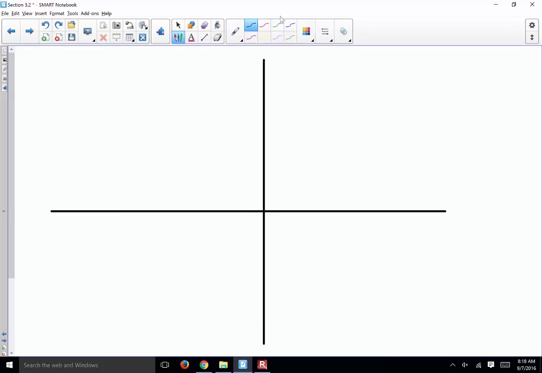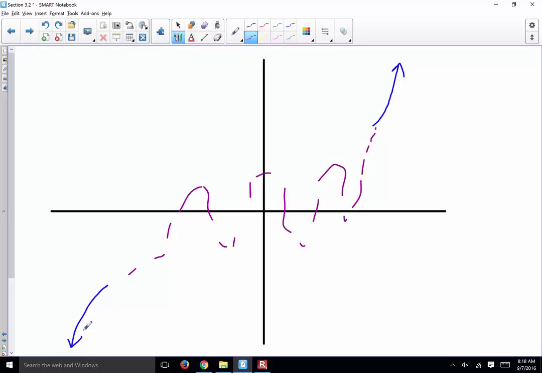So what do I have right now? The right side is going up, and the left side going down. What happens in the middle? I don't know how many turns it makes, but eventually, on the ends, it's going to act like this. So let's find out what's happening in the middle.